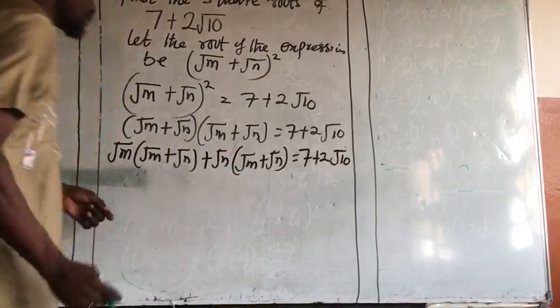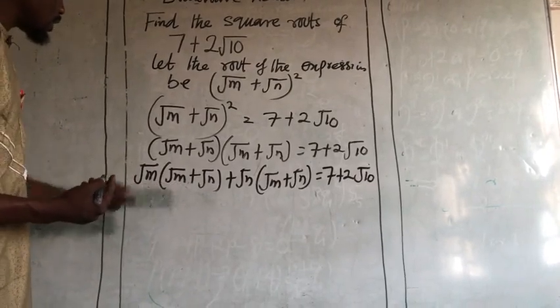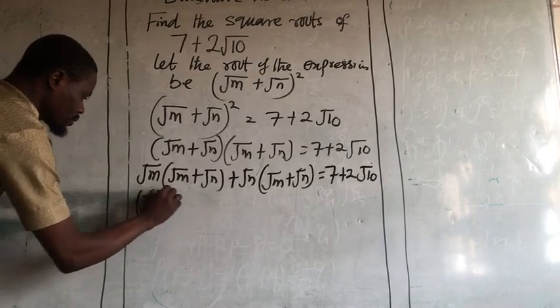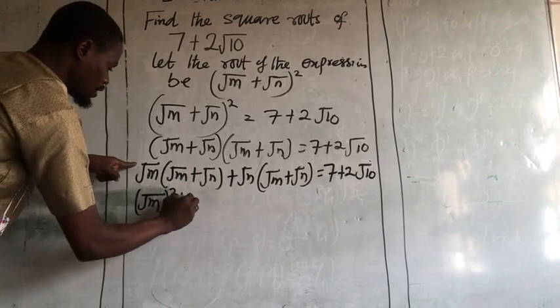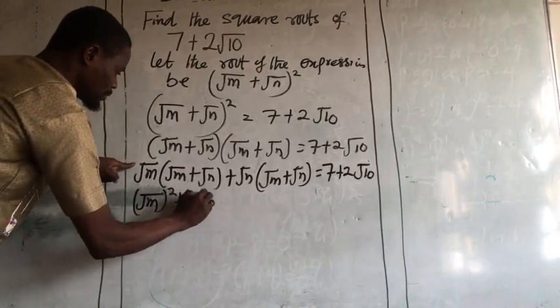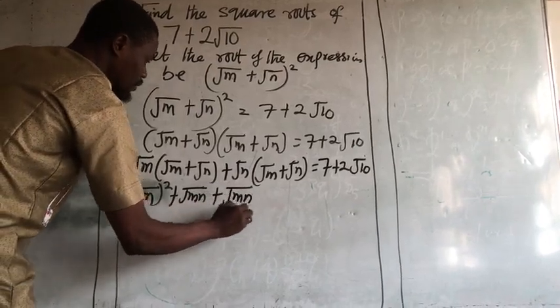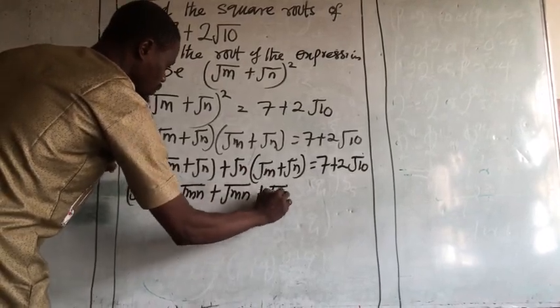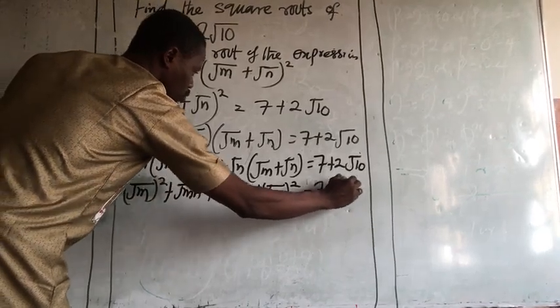The next thing is root m multiplied by root m, which is root m squared, plus root m multiplied by root n, that is root mn, plus root n multiplied by root m, which is root mn, plus times plus is plus, root n times root n, which is root n squared, is equal to 7 plus 2 root 10.